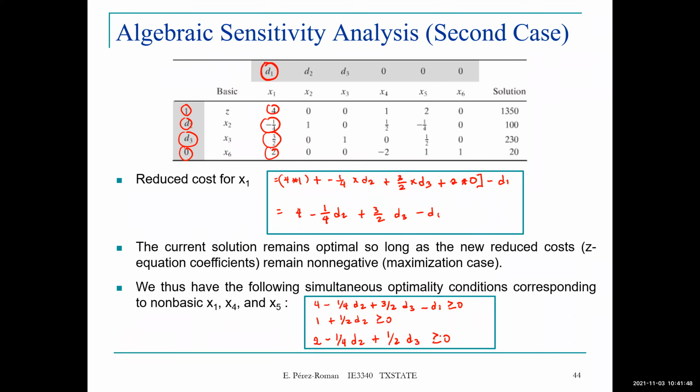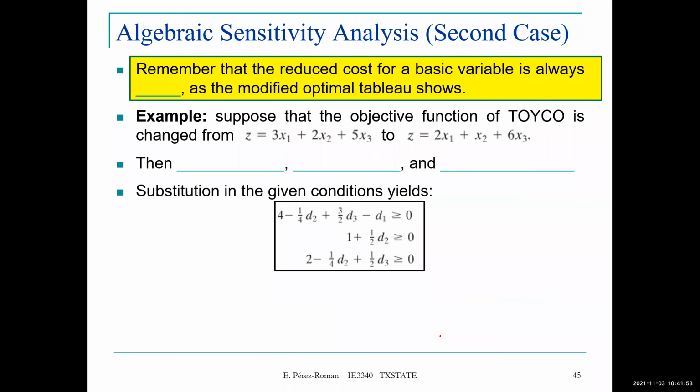So remember that the reduced cost for a basic variable is always 0, as the modified optimal tableau shows.